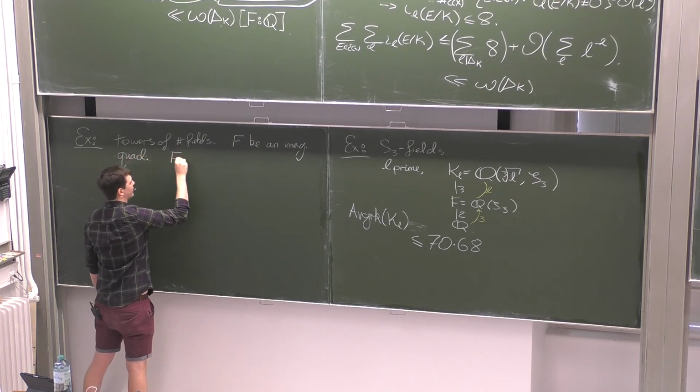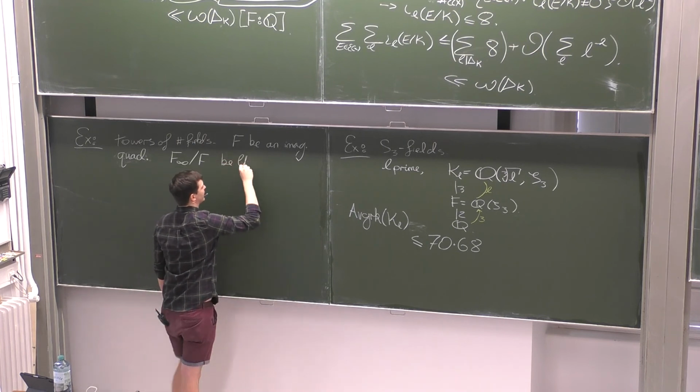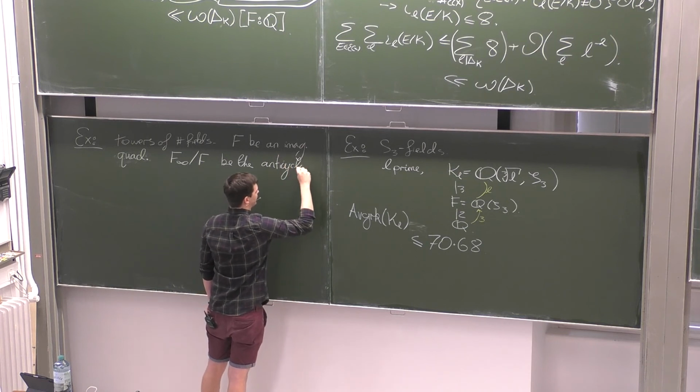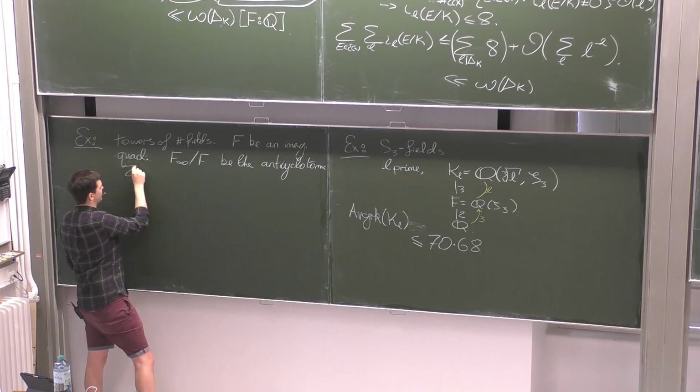And F infinity over F, that will be the anticyclotomic Z_p extension.